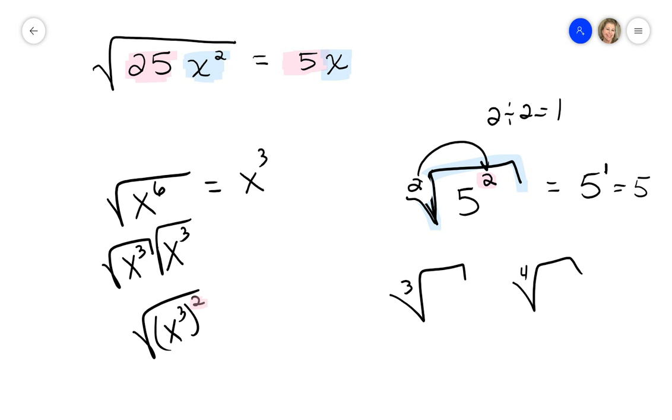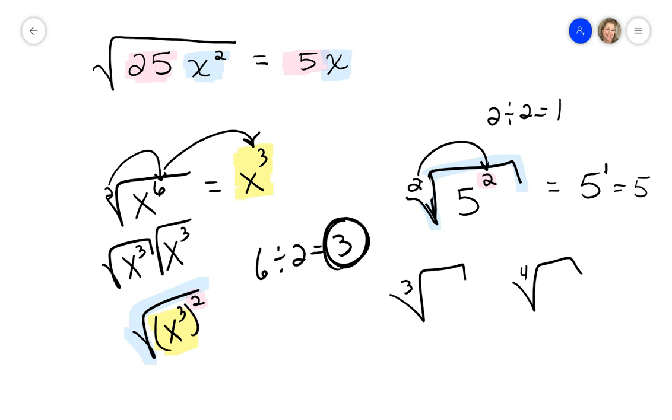And then this squared and this square root cancel each other out. And all you're left with is the x cubed. X cubed. But I like to do the division. I'm like, here's the 2. 2 divides into 6 3 times. Or you can say 6 divided by 2 is 3. This ends up being your new exponent.